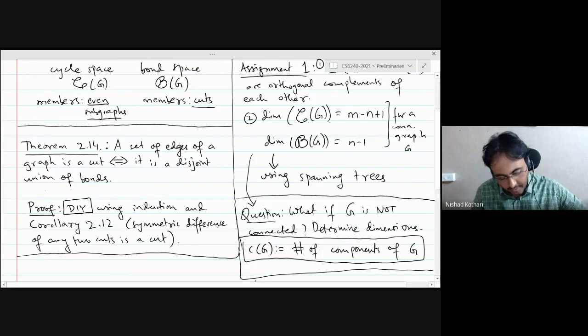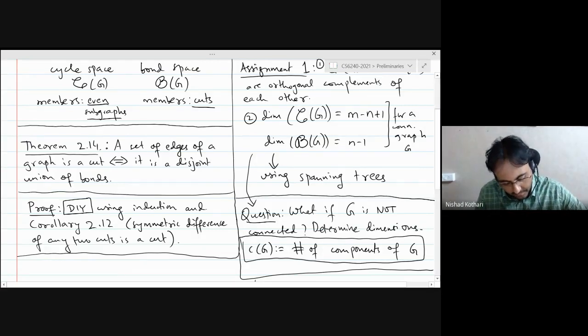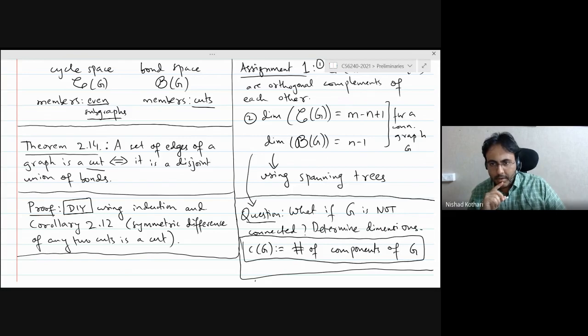So let me try to answer this in the following way. Another theorem that I was considering proving, but now I'm going to leave it as an exercise, is to show that any set of edges is a cut if and only if it is a disjoint union of bonds. So these are structural statements. A cut of a graph or the bond of a graph, these are completely structural objects.